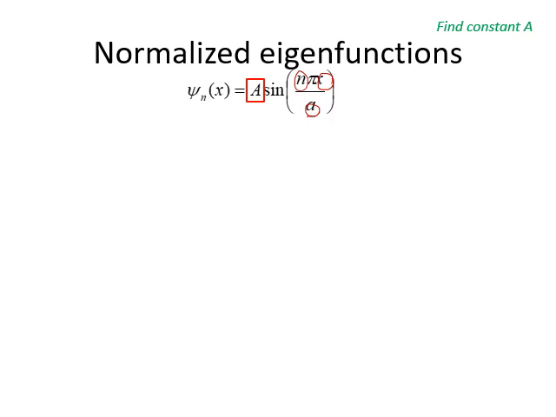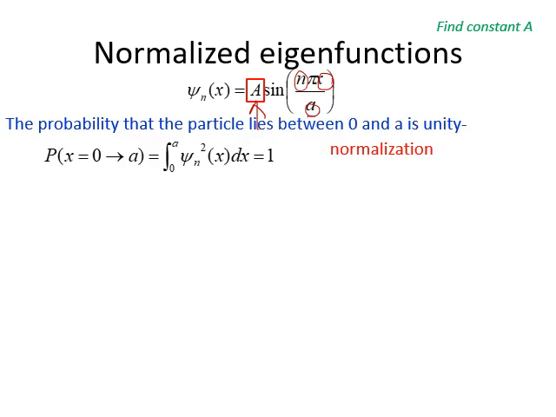And what about this constant A? In order to find the constant A, we use the fact that the wave function in the whole range has a probability equal to 1. And that's actually called normalization.